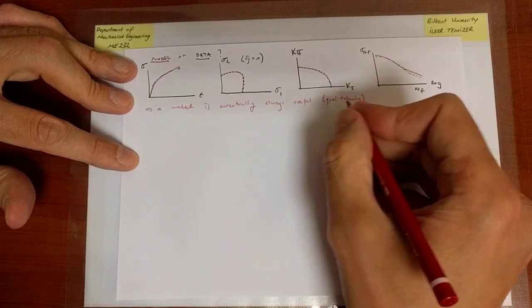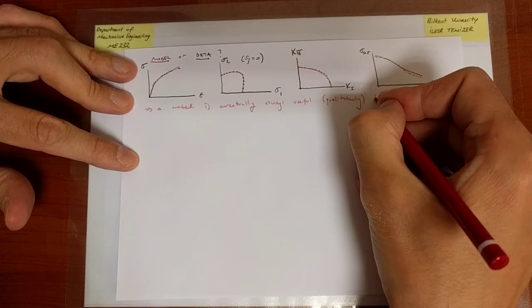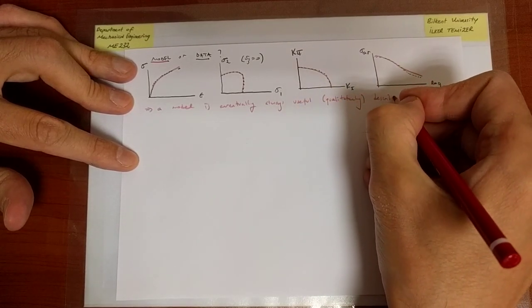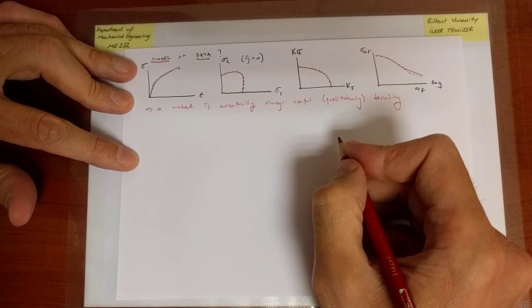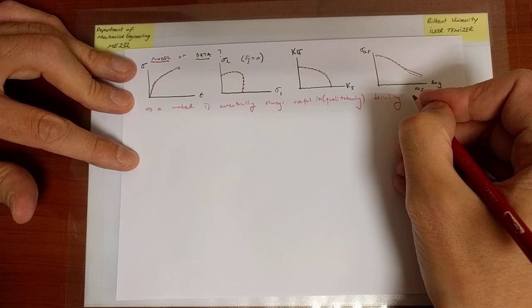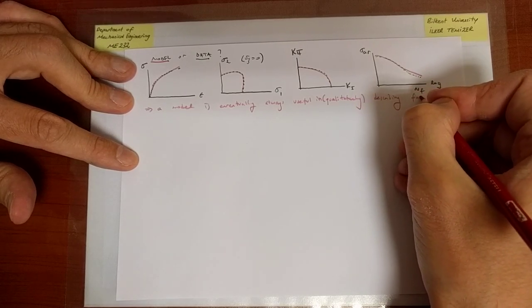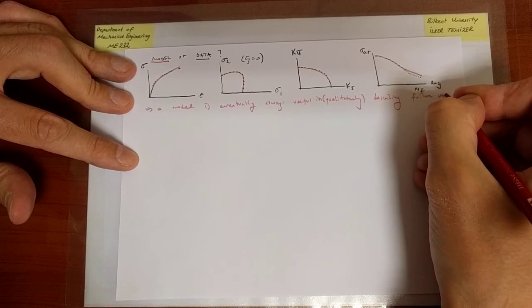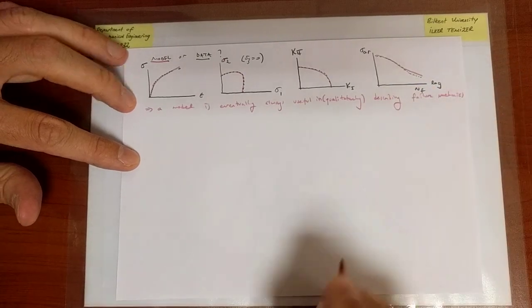In other words, it can predict certain trends. So it's useful in qualitatively describing failure mechanics, okay? The onset of failure.